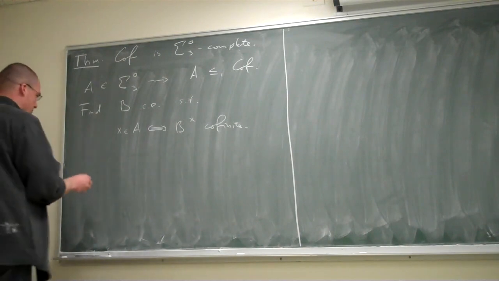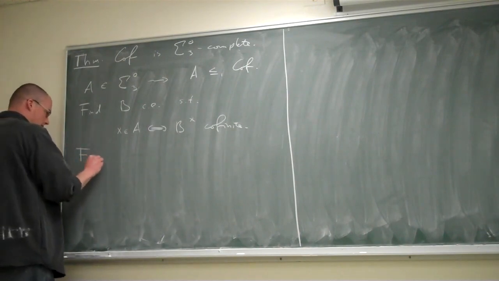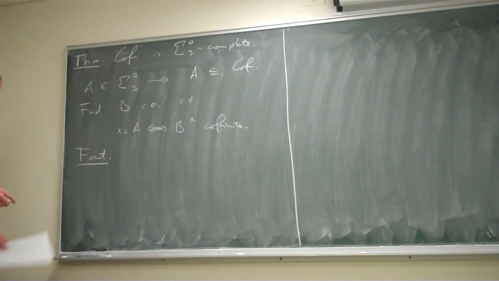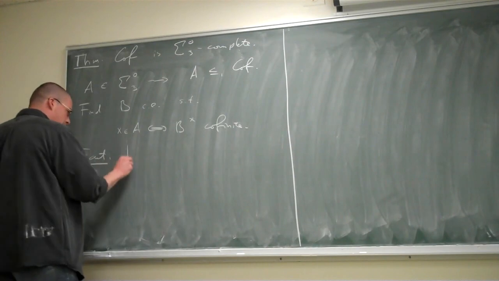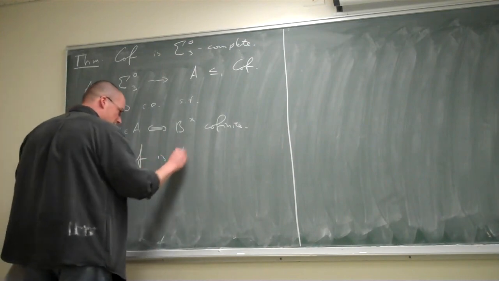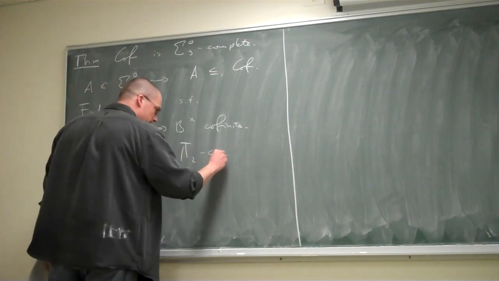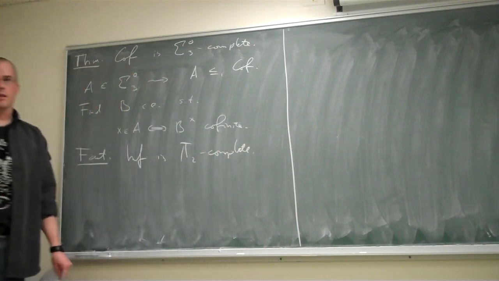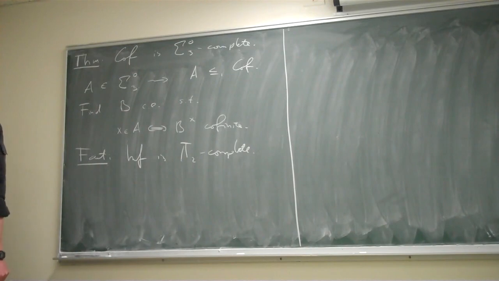Now, I'm going to use a fact that is not that hard to prove, but I'm not going to prove it. Inf is pi 2. The set of indices of infinite CE sets is pi 2 complete.